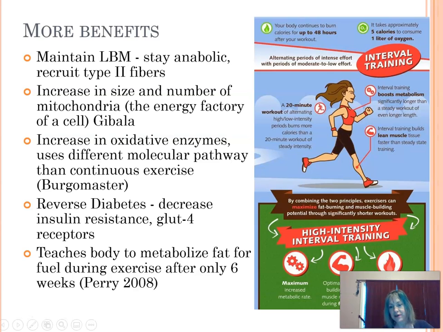Possibly HIIT would be a better choice for those people. We can increase the size and number of mitochondria. Yay! More factories to create more ATP. And HIIT has even been used in special populations. So those who are dealing with diabetes can use HIIT to decrease insulin resistance. It's cool.